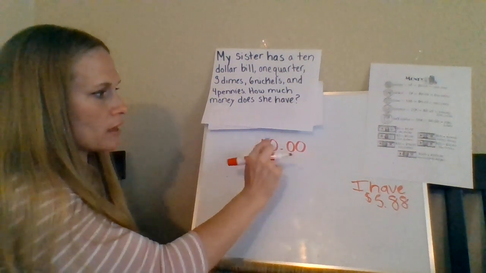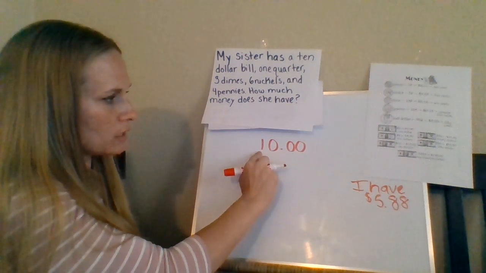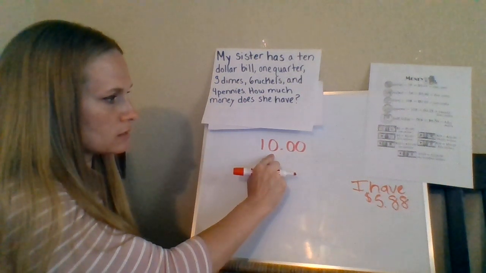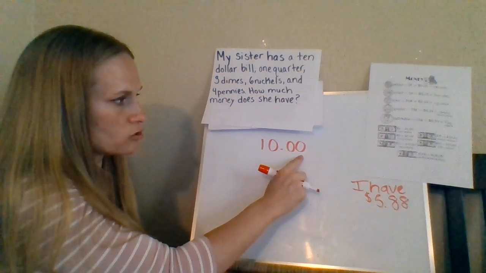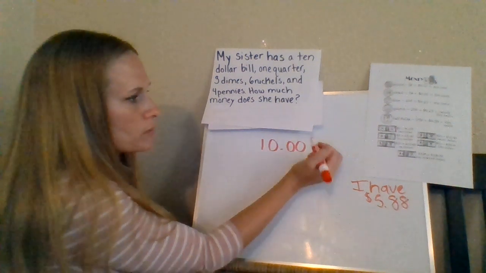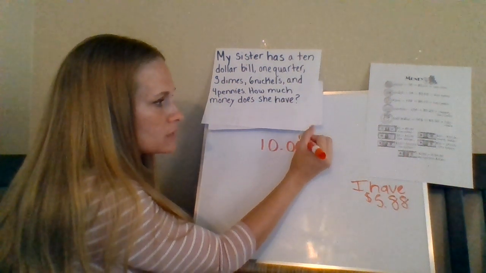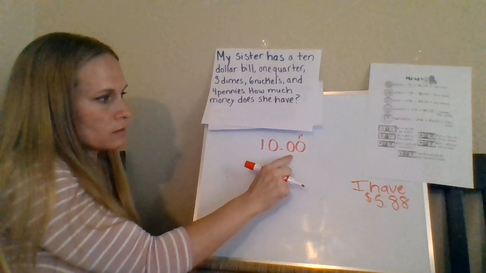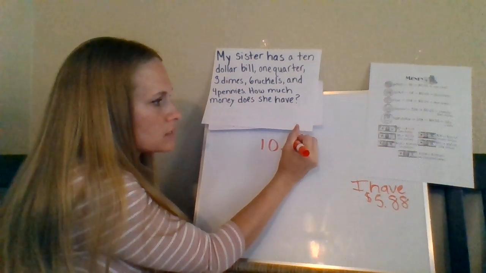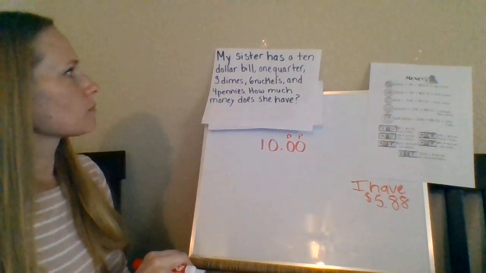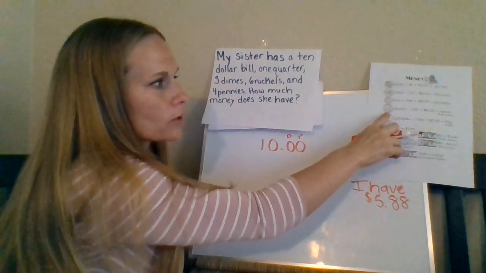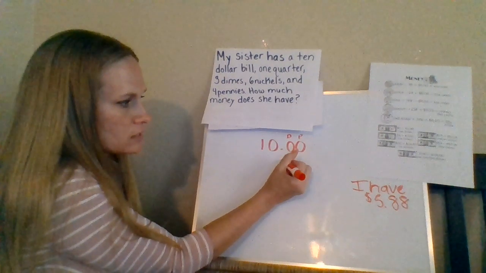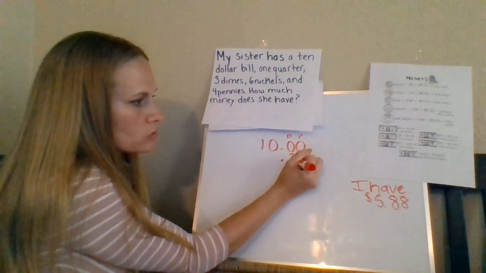Okay, if you notice, I have a 1 in the tens place, a 0 in the ones place, my decimal, 0 in the tenths, 0 in the hundredths. Okay, remember that the hundredths place is like our pennies, our tenths place is like our dimes. So it says I have 1 quarter. A quarter is worth 25 cents, so I'm going to write decimal 25.